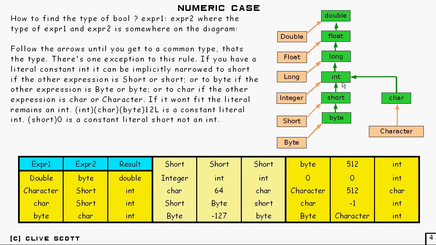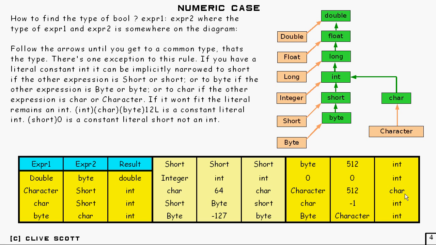Minus 127 fits in a byte, so it can be implicitly narrowed to byte, and you've got byte and byte, so the answer is byte. Byte and 512, the answer is int, because 512 doesn't fit in a byte, so it stays an int. It doesn't, for example, get halfway and stay at short.